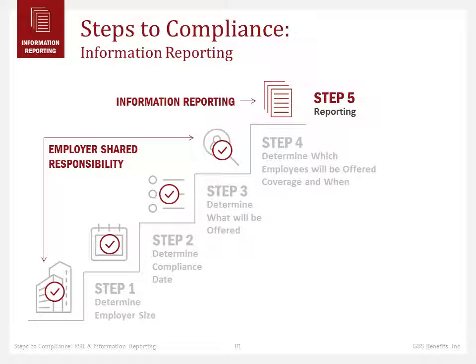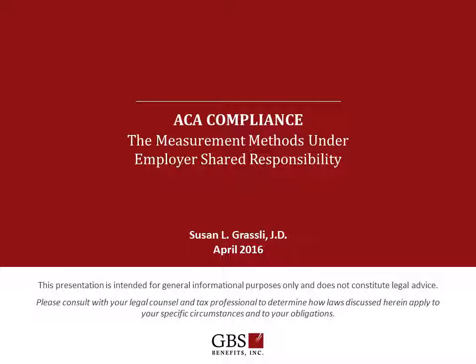In step 3, you're going to need to repeat it because you're confirming each year whether what you're offering meets minimum essential coverage, minimum value, and affordability. And each year, you're going to make sure that what you're offering and what you're charging, particularly, meets affordability. So, that is the end of our seminar.